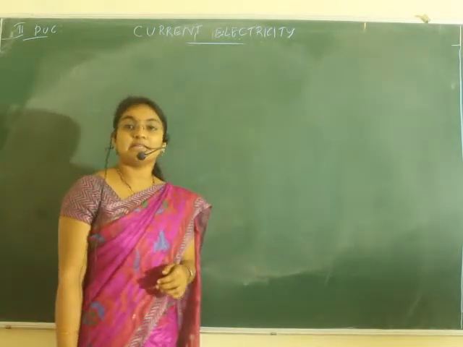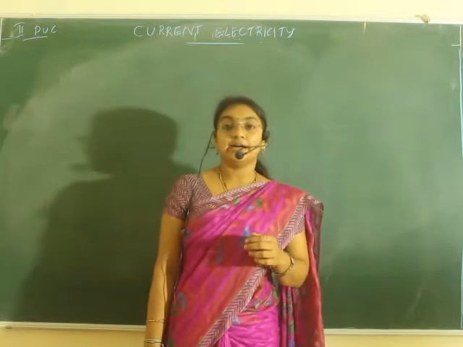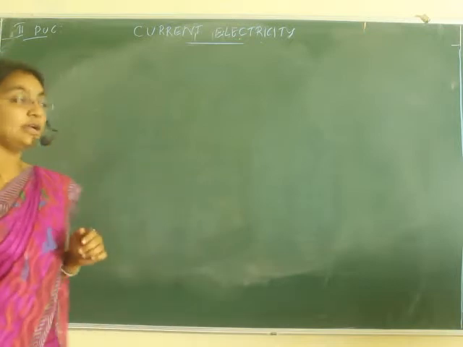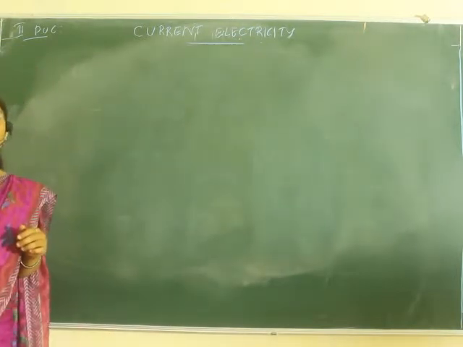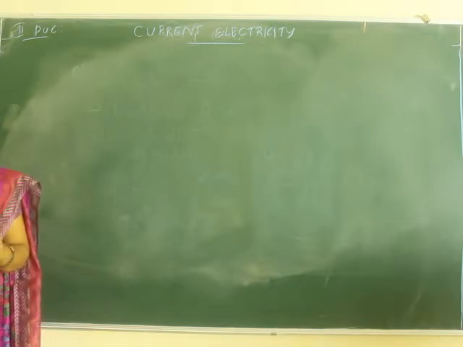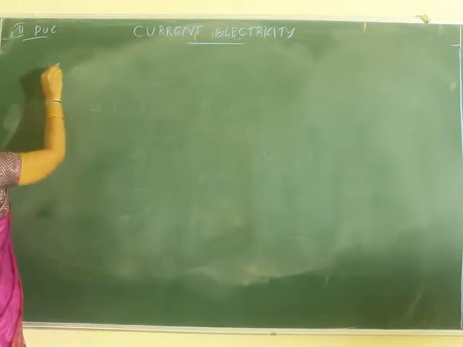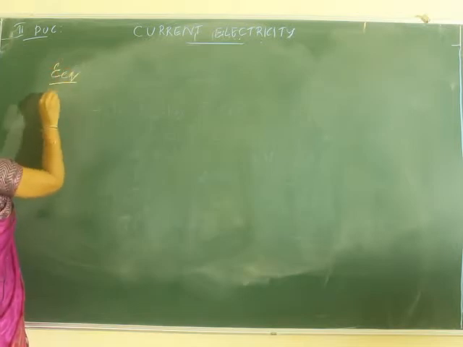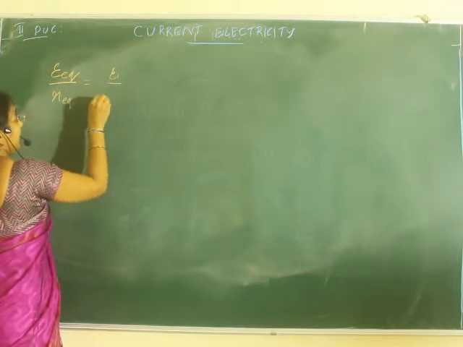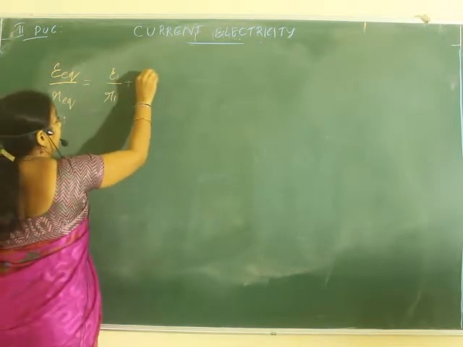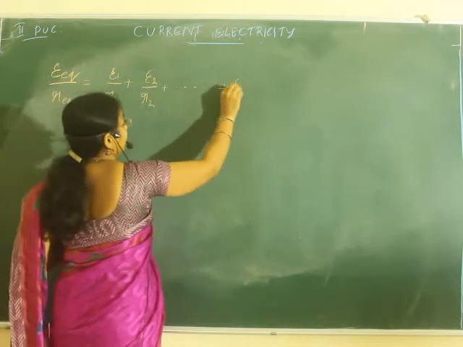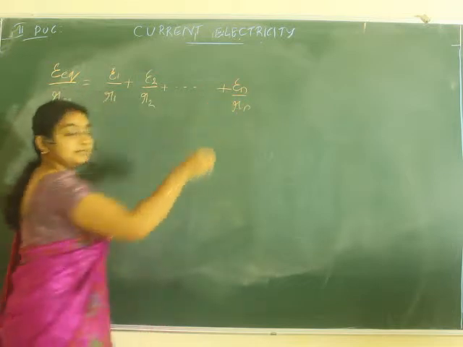So in our previous class we have learnt about the combination of cells in series and parallel, correct? So in general, for the combination of cells in parallel, we can write the expression as epsilon equivalent by R equivalent is equal to epsilon 1 by R1 plus epsilon 2 by R2 plus etc. up to epsilon n by Rn.